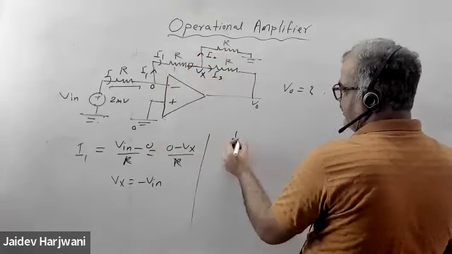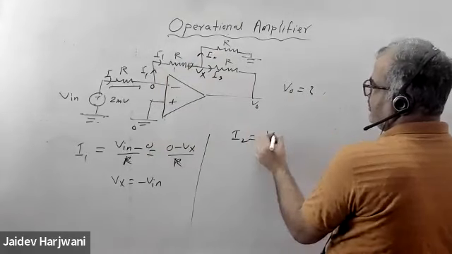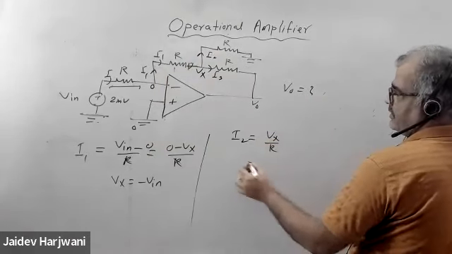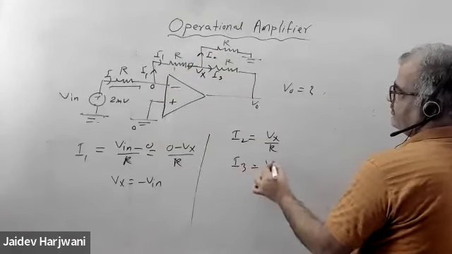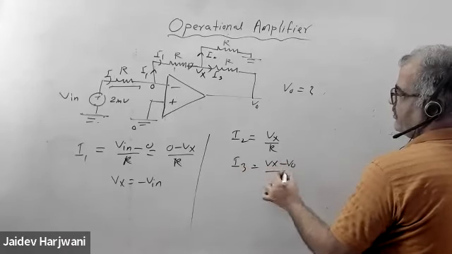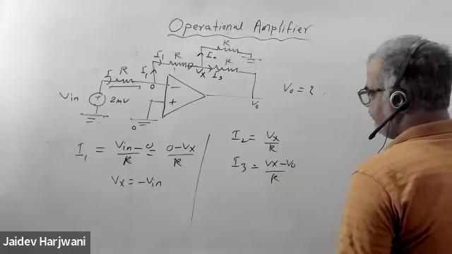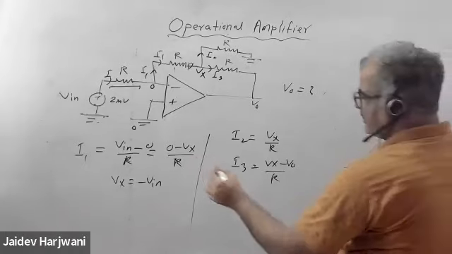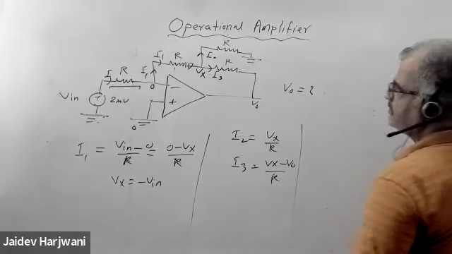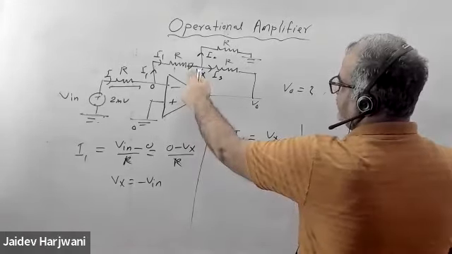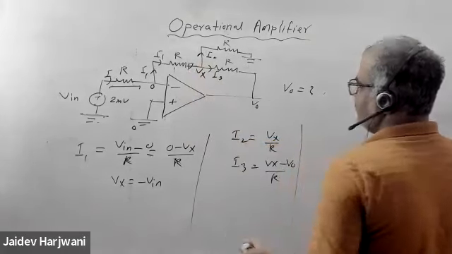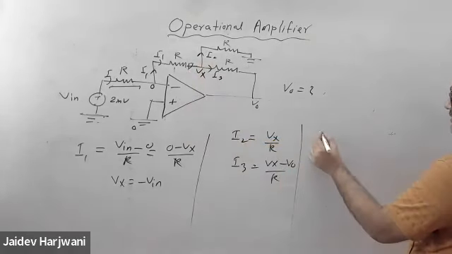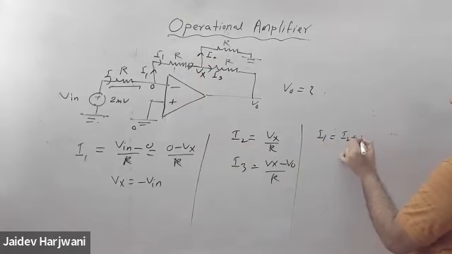I1 you know. I2 is Vx minus 0 upon R. I3 is Vx minus V naught upon R. Now you know all the currents. These are incoming currents, and these are outgoing currents. So you can write I1 is equal to I2 plus I3.